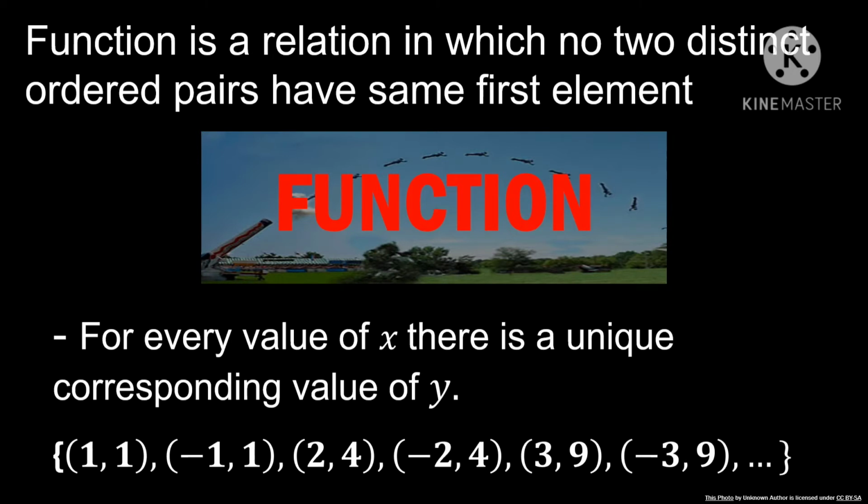For every value of x, there is a unique corresponding value of y. So for example, if you have (1, 1), (negative 1, 1), (2, 4), (negative 2, 4), (3, 9), (negative 3, 9), and so on and so forth. We have to observe the first component, or first element, of every ordered pair: 1, negative 1, 2, negative 2, 3, negative 3. As we look at the first elements of every ordered pair, there is no number that is repeated as a first element.